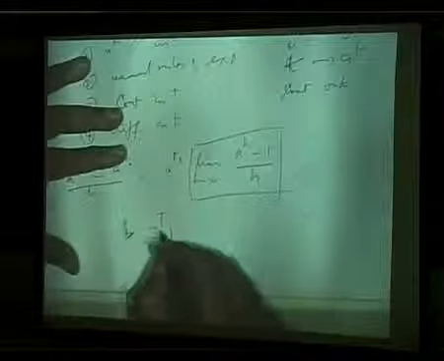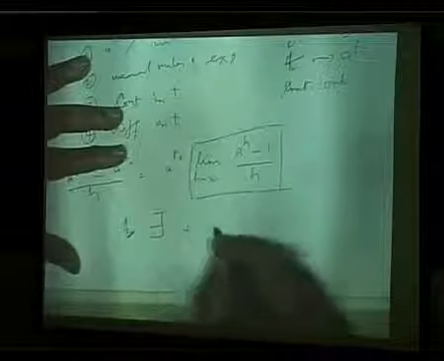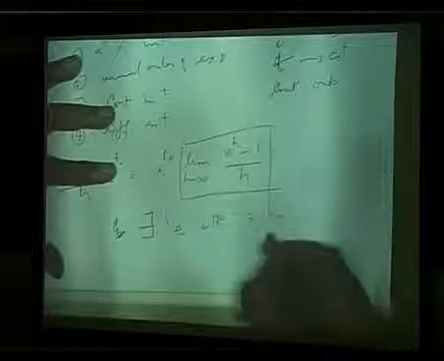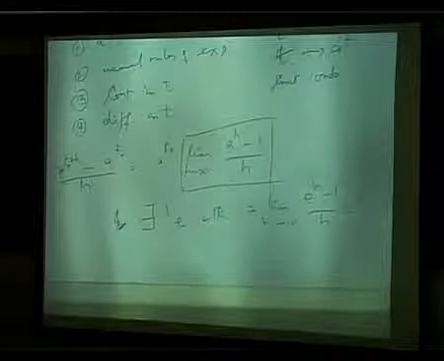In fact, what one is saying is there exists one special real number e such that the limit as h goes to 0 of e to the h minus 1 by h equals 1.